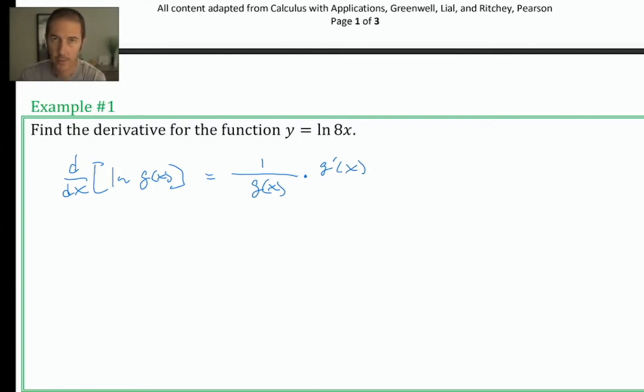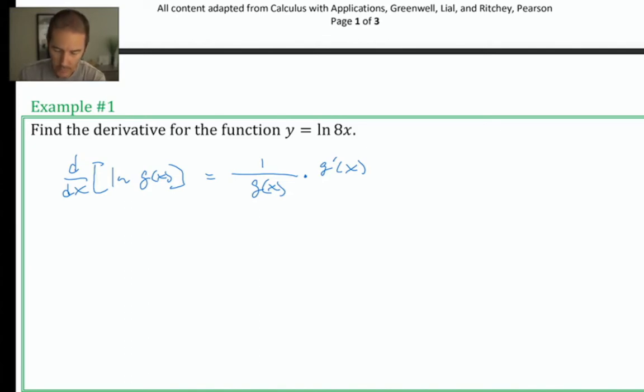You could write this as one fraction where g prime is in the numerator over g of x, or I've written it as this product, because in my mind the pattern is that when I'm implementing the chain rule, there's this extra multiple that happens on the end. So that's again why I've written it this way.